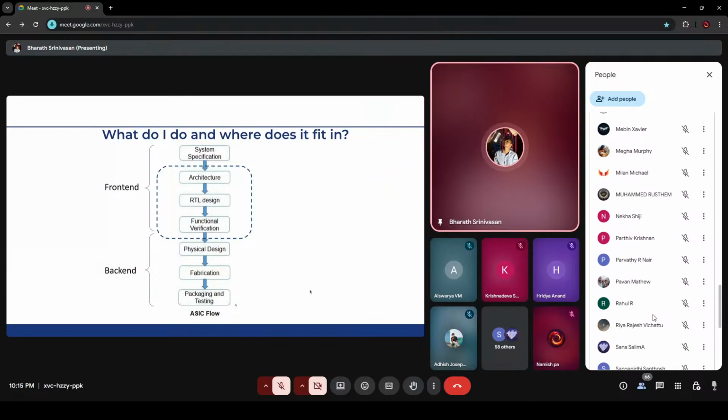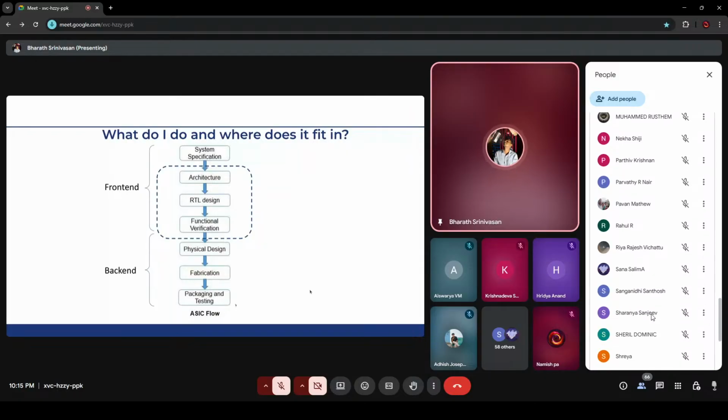We send it as soft IPs, and at times we do physical design as well, PD. But mostly these two, RTL design and functional verification, are where I work. Mostly in RTL design. I used to work in functional verification, but I've now shifted to design.